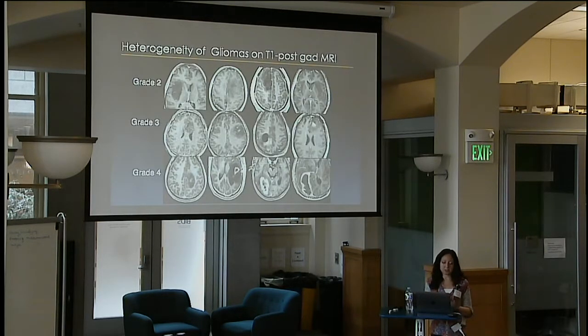Among tumors, here's an example of different grades where you can see that a grade 3 tumor, for example, some of them may look like grade 4, some of them may look more similar to grade 2, and even within a grade 4, there are various presentations, ranging from what looks like it could be very low grade with a longer survival, to a necrotic center here that would be indicative of a worse lesion, but it's not necessarily the case. These all could have different outcomes.